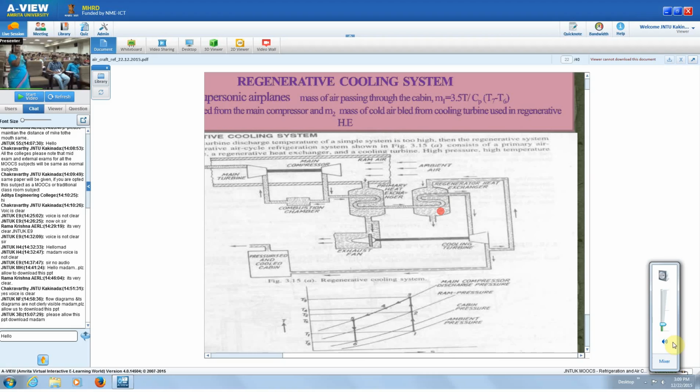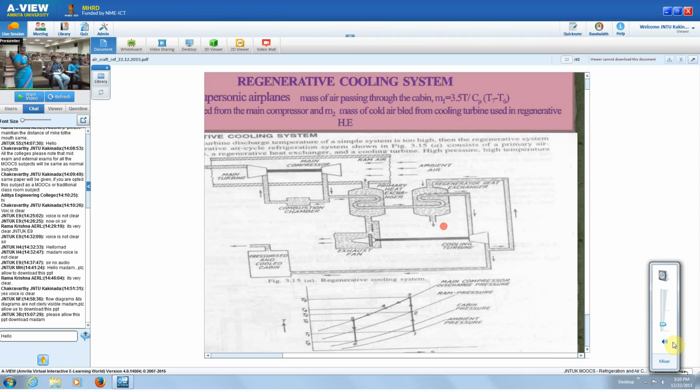Then the air, after giving up heat in the regenerator, is expanded in the cooling turbine for further cooling. From the cooling turbine, the air is at low temperature and pressure, and it goes into the cabin, and a part of that is again used in the heat exchanger for cooling of the air.